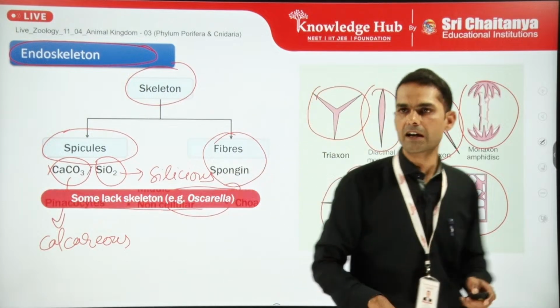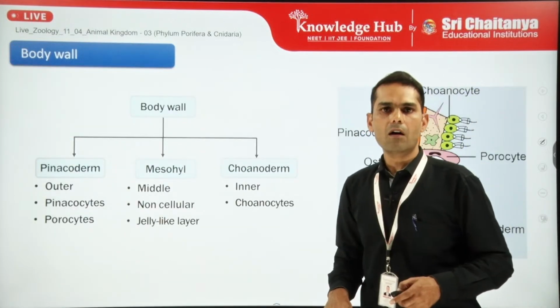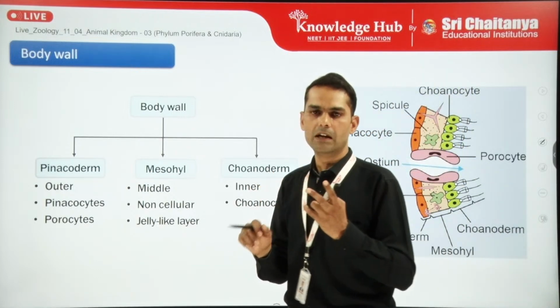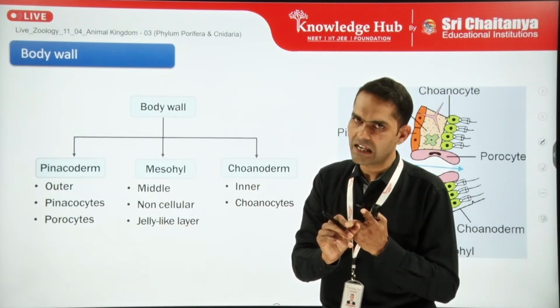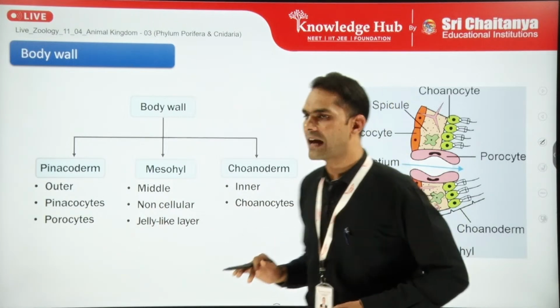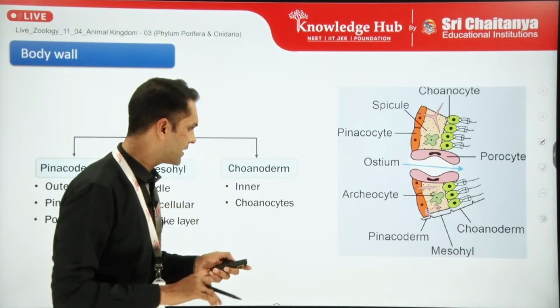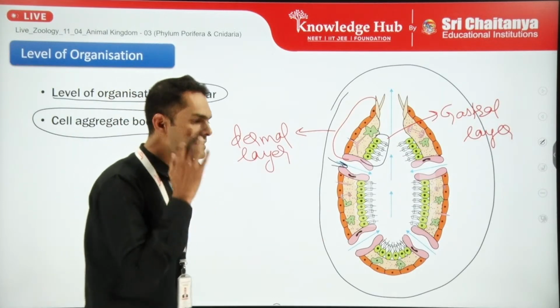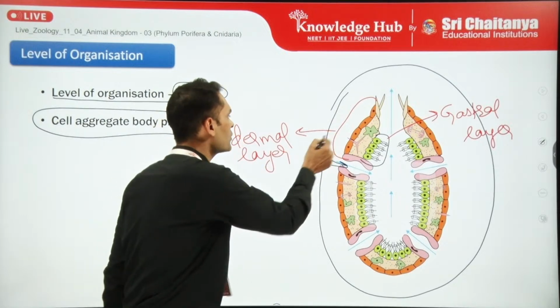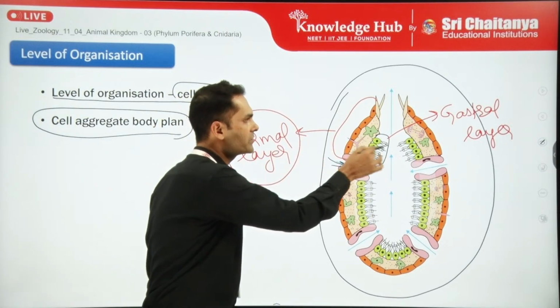Now moving further, the body wall of these organisms, Porifera, can be divided into two: the outermost part, the dermal layer, and the innermost part, the gastral layer. If we see the diagram of the Porifera, like in this previous one, here we can see that the body form has two layers, the outermost dermal layer and the innermost gastral layer.